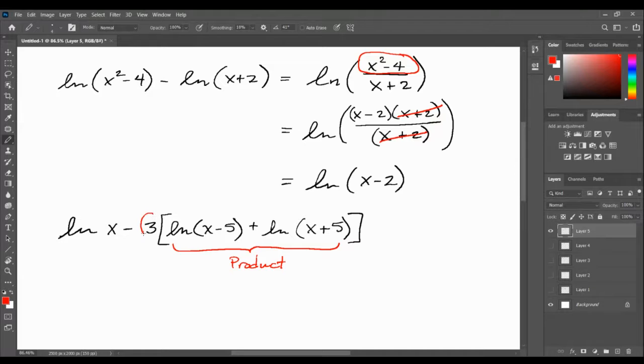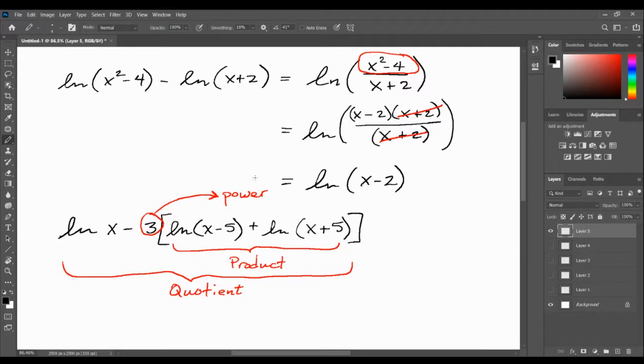Here I've got a term out in front that I could bring up using the power rule. And then here I've got a difference. So the difference of a logarithm with another one will allow me to use the quotient rule. So let's do those in the order I just mentioned. Let's see what we can get.